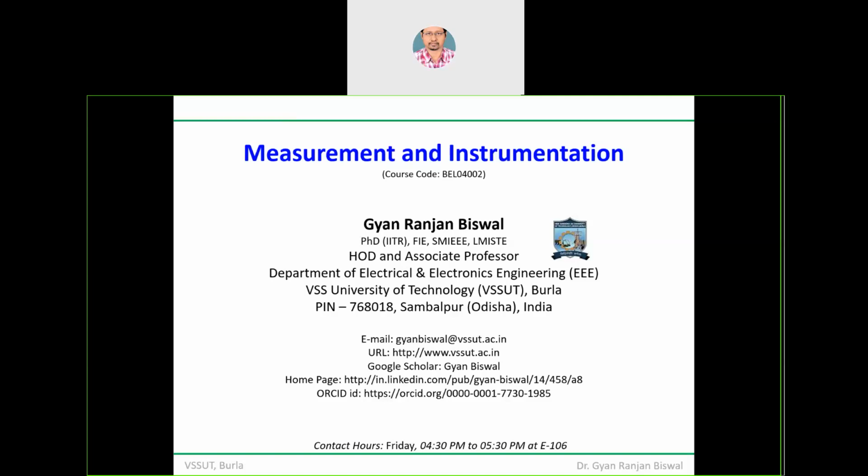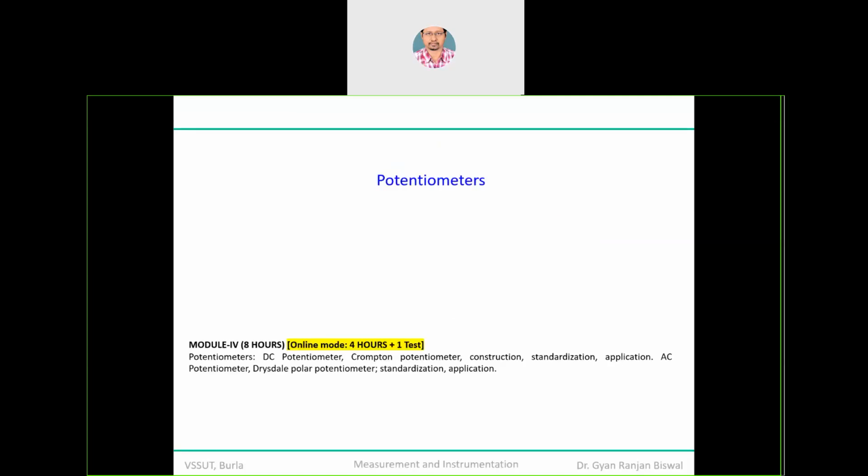Now today we will initiate our discussion over the second half of module number 4, that is the potentiometers.